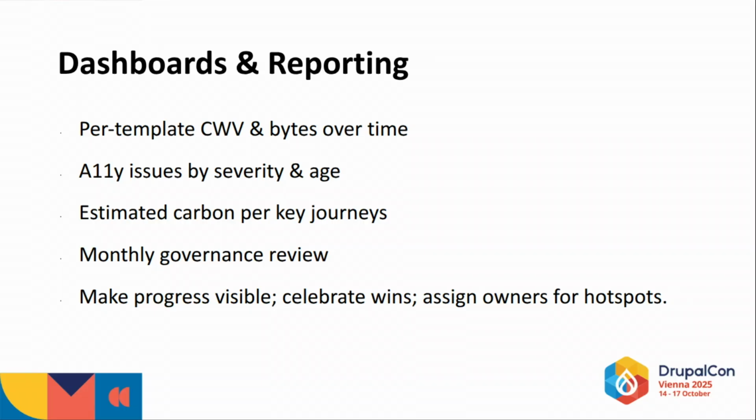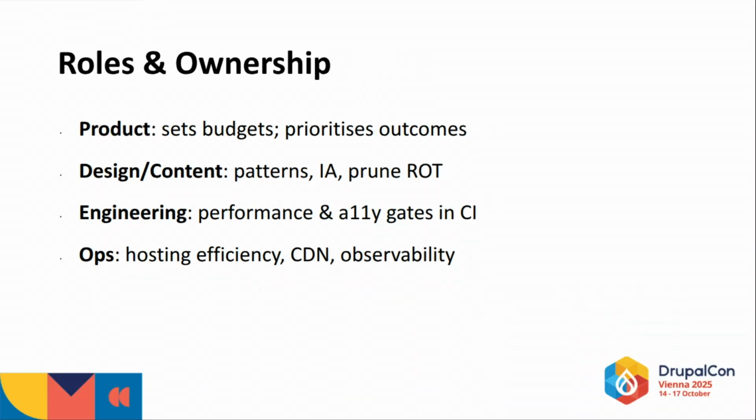Maybe there's a monthly or quarterly review of certain approaches, and dashboards can help you do that in your reporting. I'll mention a couple of tools later that we use at the University of Edinburgh. And again, per role, people in product roles may have to set budgets or prioritise outcomes. In design and content roles, you have to focus on the accessibility and sustainability of patterns and the information architecture, trying to prune the content rot.